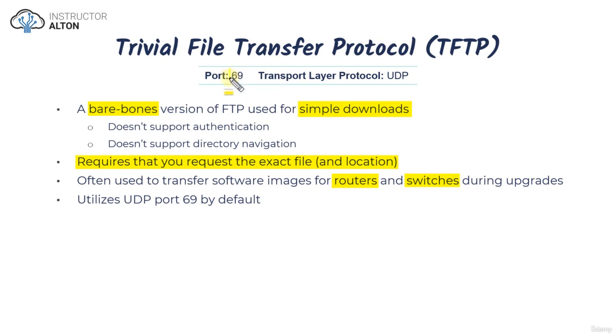It utilizes port 69, and because it has limited functionality, it utilizes UDP. There's no need for it to actually set up a session because we're not utilizing authentication. So we just use UDP instead. So that is the TFTP protocol.